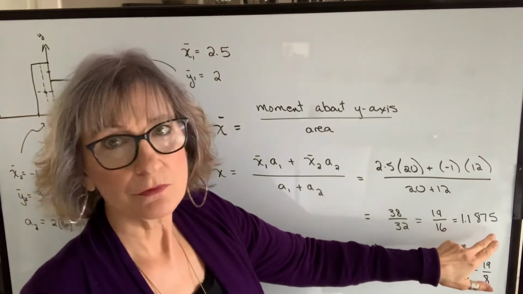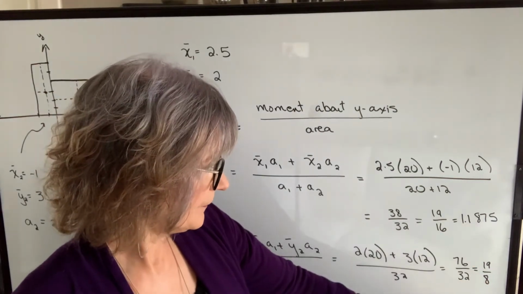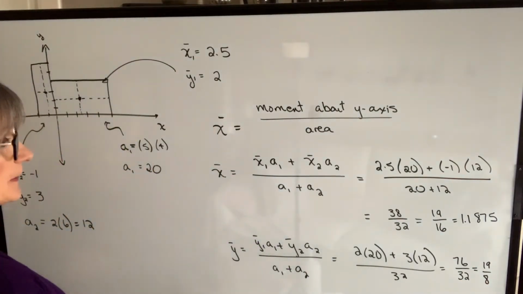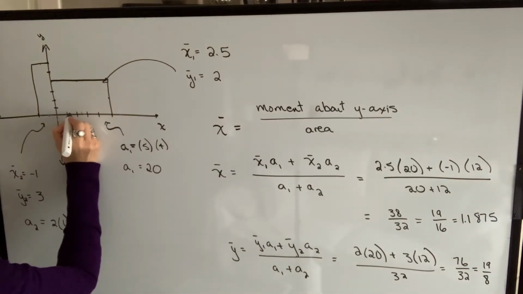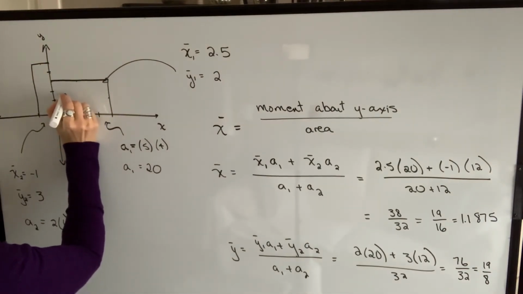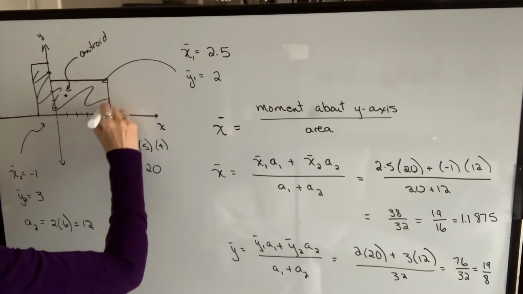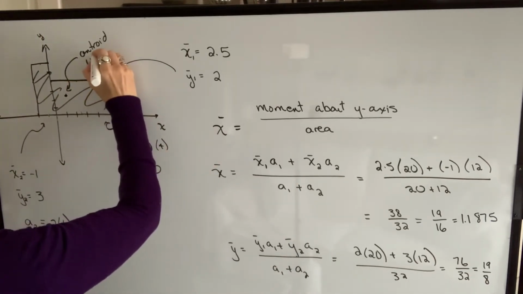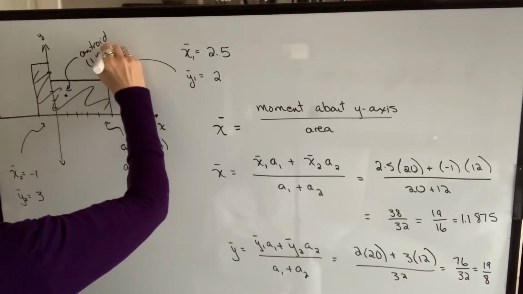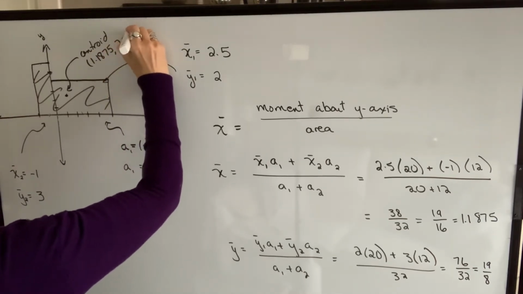If I want to write those as decimal values, it might be easier to place the centroid. I can do that. The centroid of this whole shape will be 1.1875 and 2.375. So those are the coordinates: 1.1875, 2.375.